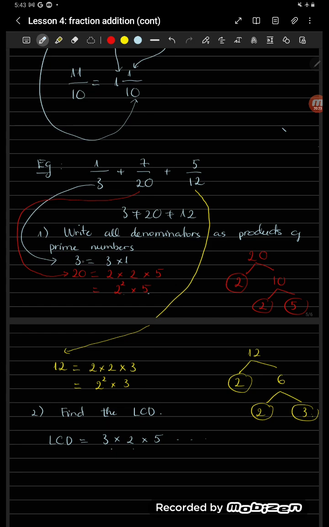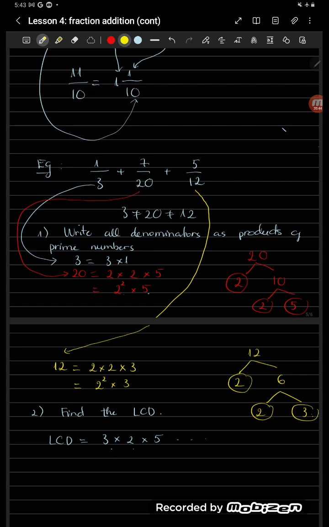Okay, first you look at number 3 above. 3 equals 3 times 1. And 3 does not appear in 20, so we don't need to care about it. And 3 appears again in 12, but the highest power of 3 in 12 is also 1.